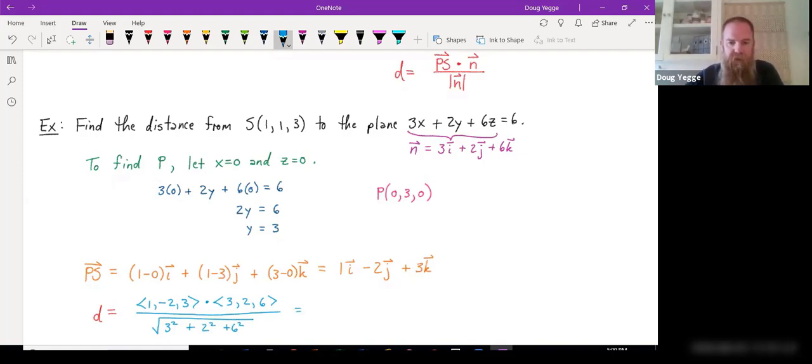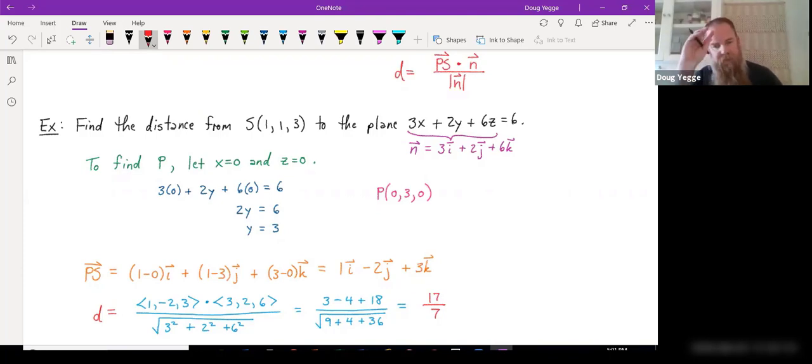All right, well, up top for the dot product, we get 3 minus 4 plus 18. And on the bottom, we get the square root of 9 plus 4 plus 36. Well, taking a look up top, 3 minus 4 is -1. -1 plus 18 is 17. The denominator we see is the square root of 49. So all we're left with is 17 over 7, and that is the distance we're after.